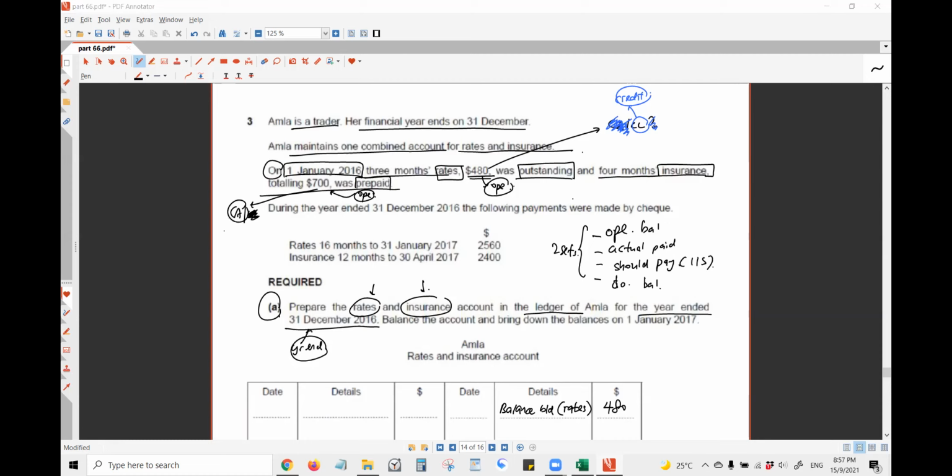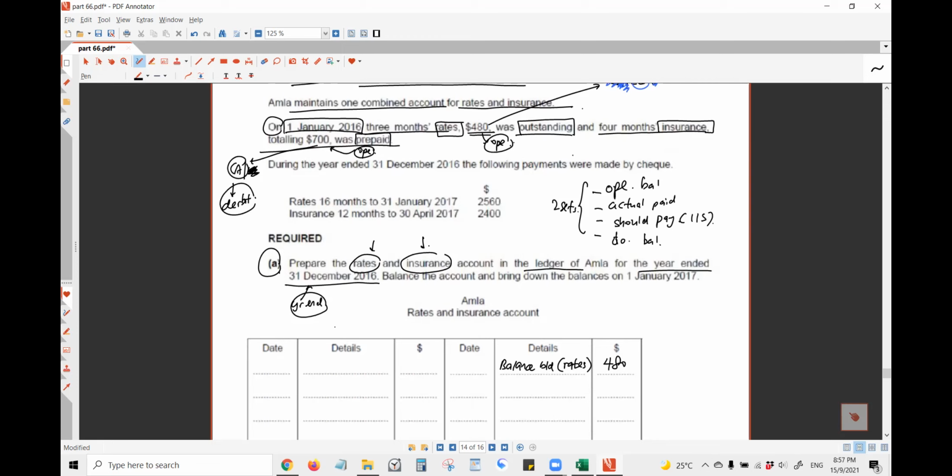CA indicates that it should be on the debit side. Good, Shuwei, correct. So let's do it. 700, put it here. Balance b/d. In bracket, you must also indicate that you are doing for insurance. Now, I forgot to write the date.